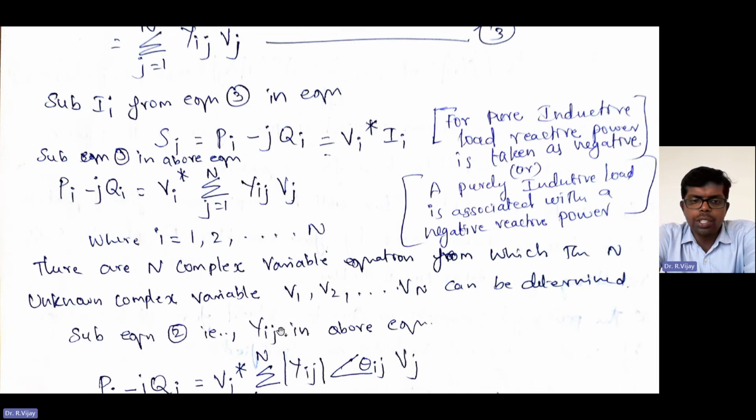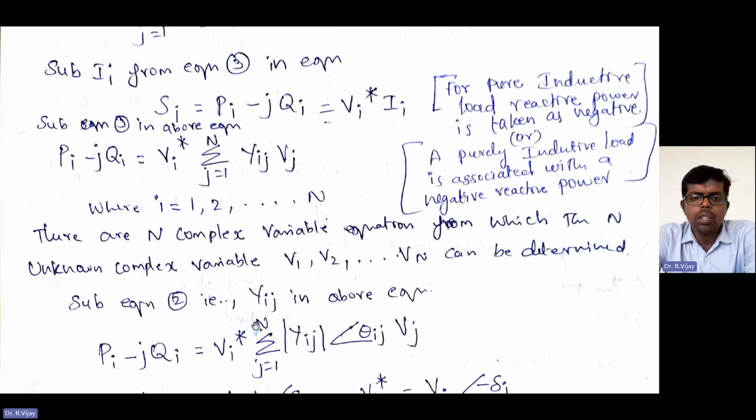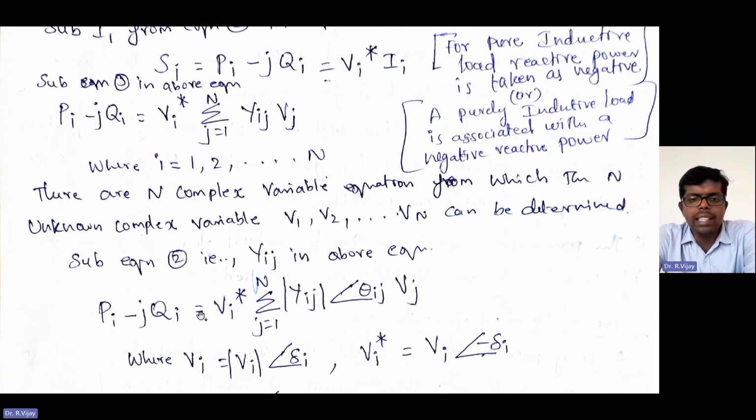So the above equation is rewritten as Pi minus j Qi is equal to Vi star into summation j equals 1 to N of Yij into angle theta ij into Vj. Instead of Yij, we are substituting Yij into angle of theta ij.